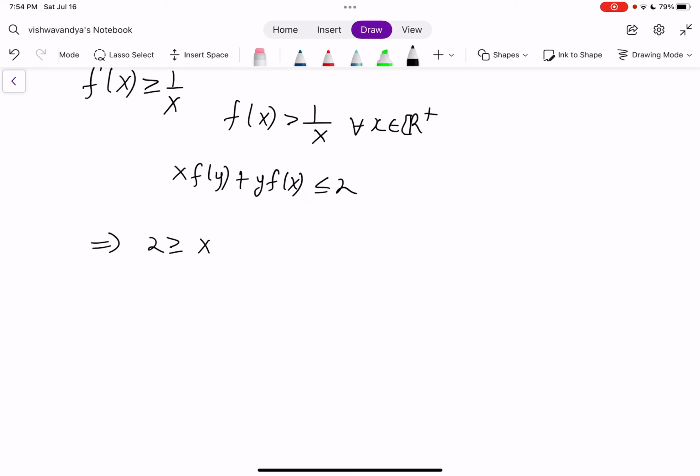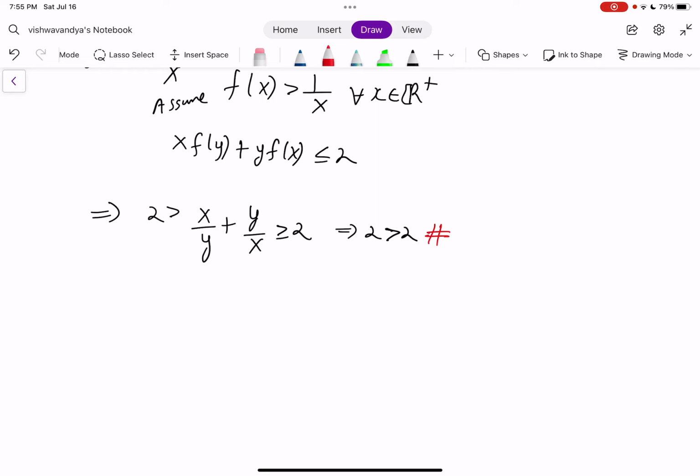So there is a strict inequality here, because we have assumed that f of x is strictly larger than 1 over x. But according to AM-GM, this is at least 2. We can't have 2 greater than 2. This is a contradiction. So this means that f of x must be 1 over x.